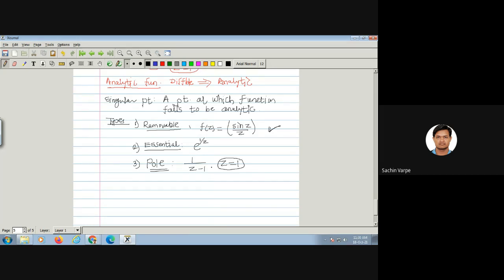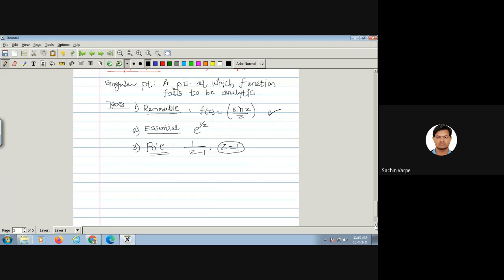Because at z equal to 1, this function is tending to infinity. It is defined, but it is tending to infinity. It is not undefined. Are you getting my point? There are two types of pole. One is simple pole, and second is multiple pole. Multiple means double, triple, quadruple, like this.